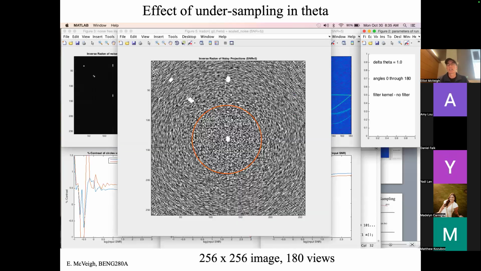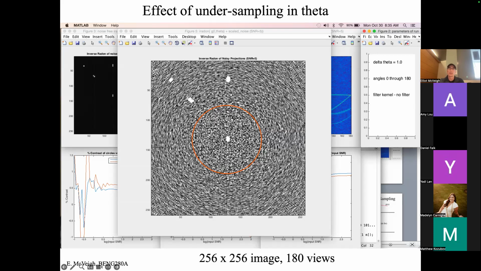So the interesting thing is, in this field of view, I took 180 views, so 1 degree steps, for a 256 squared image. When you look at the artifact out at the periphery, it's obvious that there's artifact. It's a correlation of the signal going radially out from the center, which is a weird looking picture.